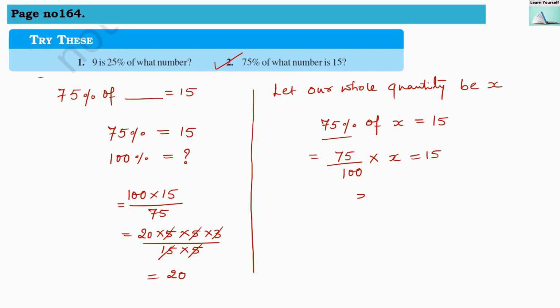Now x equals, we will get 15 in multiplication with 100, in denominator 75, as we are taking this full term to the other side. So we will get here x equals 15 5s are 75, 5 20s are 100. So x equals 20. So our answer here is 20.